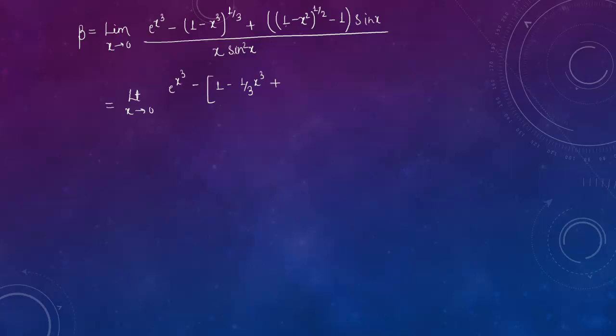So 1 plus 1 upon 3 into 1 upon 3 minus 1 into minus x cube whole square upon 2 factorial and so on.